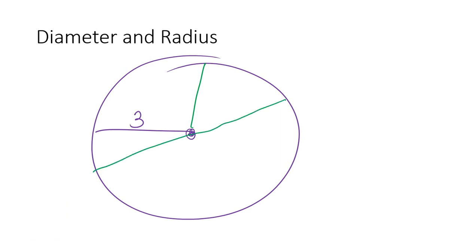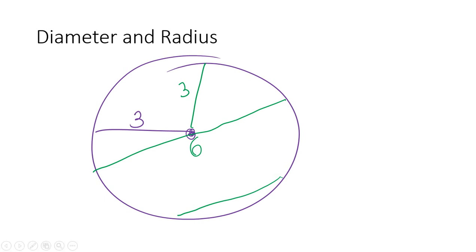The first green line, the shorter of the green lines, that length would have to be 3 because it has to be the exact same length as the other radius. All radii are the same. And the other line, the one that's going through, has to be 6 because it's 2 radii together.